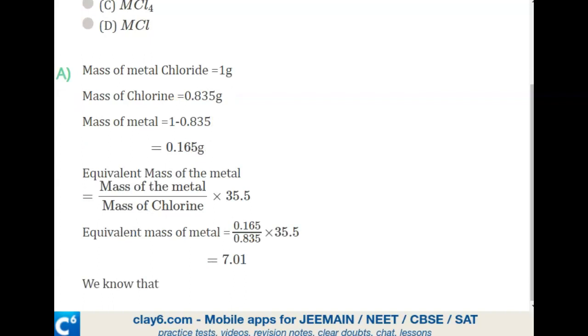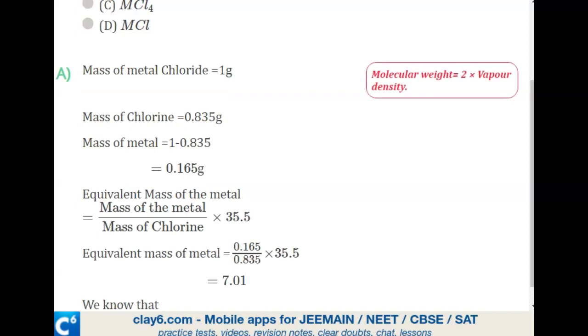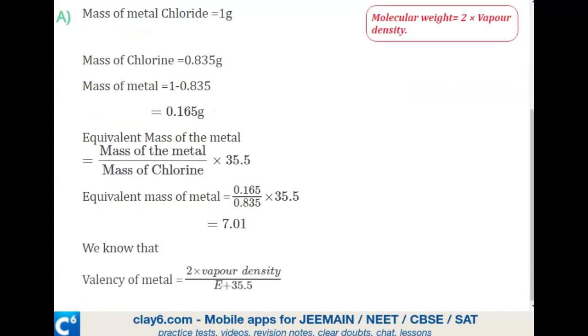So here we have to calculate the molecular formula. We all know that molecular weight is equal to 2 into vapor density. From this we could derive another formula, that is, valency of the metal will be equal to 2 into vapor density by equivalent mass plus 35.5.